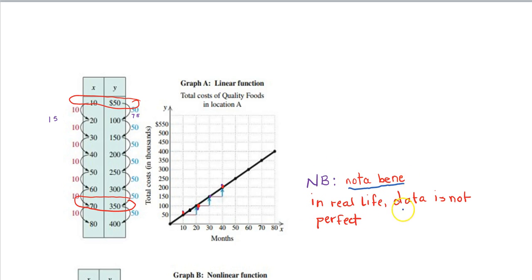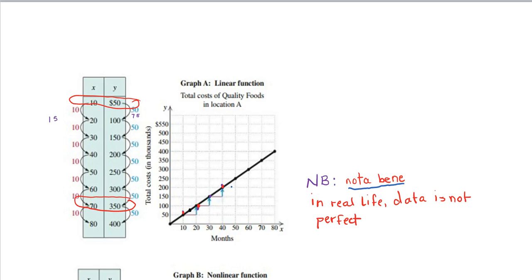In real life, data is not perfect. So you're going to have things that are really, really close, but you may have things that are not exactly perfect. They still may be operating as a linear function. If you have something that's just a tiny bit off here and a tiny bit under here, and this one's perfect, and then you have one that's just a little bit off here, that doesn't mean it's not a linear function.